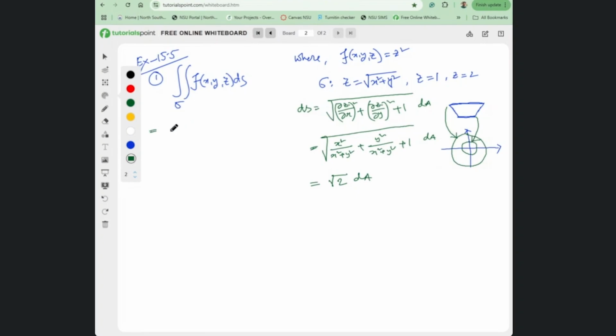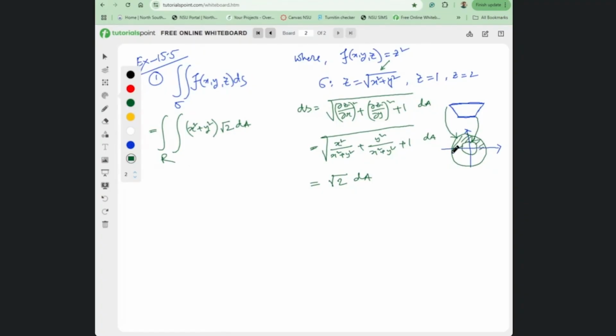Therefore, this surface integral can be reduced to: f of x, y, z is z square, and z square is basically x square plus y square according to this combination, times square root of 2 dA over R. So what is R here? R is basically this annulus region.